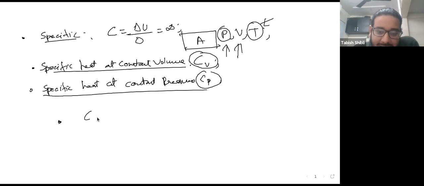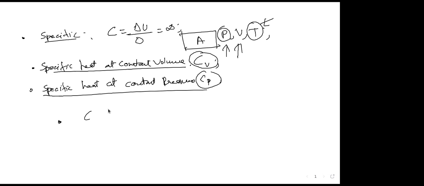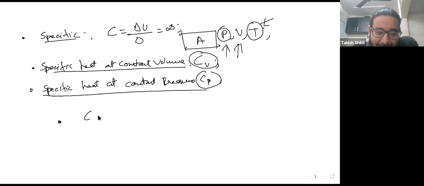Which of CP and CV should be bigger? CP. Why? Why should CP be greater than CV?